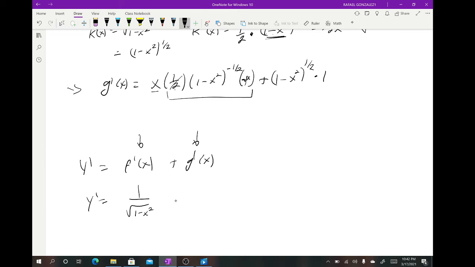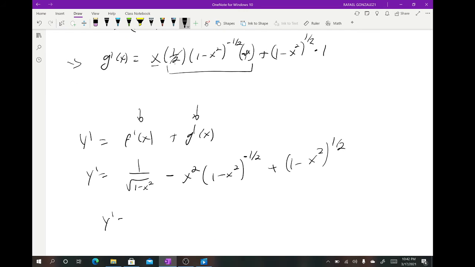So let's put the negative out here. So minus x times x is x squared times (1 minus x squared) to the minus 1/2, plus (1 minus x squared) to the power 1/2, and times 1 is just the same.